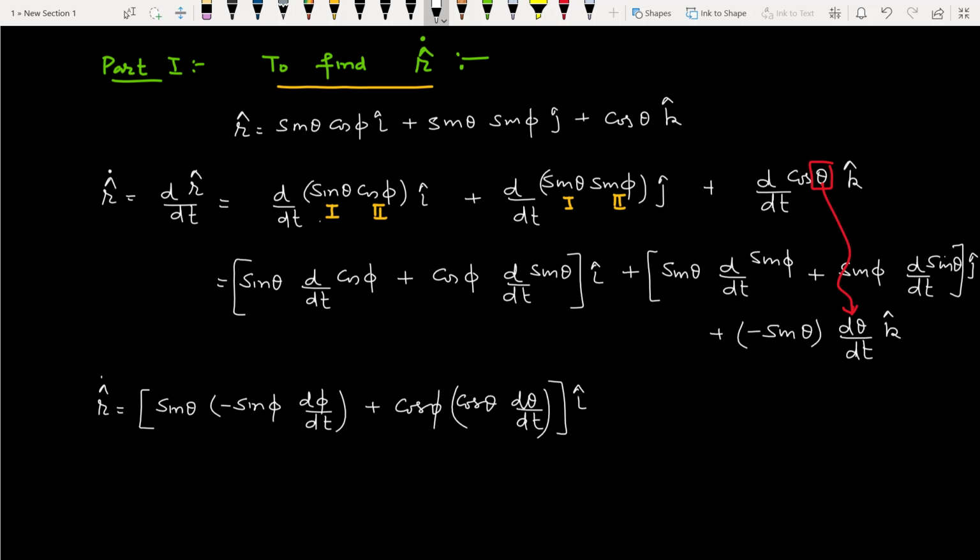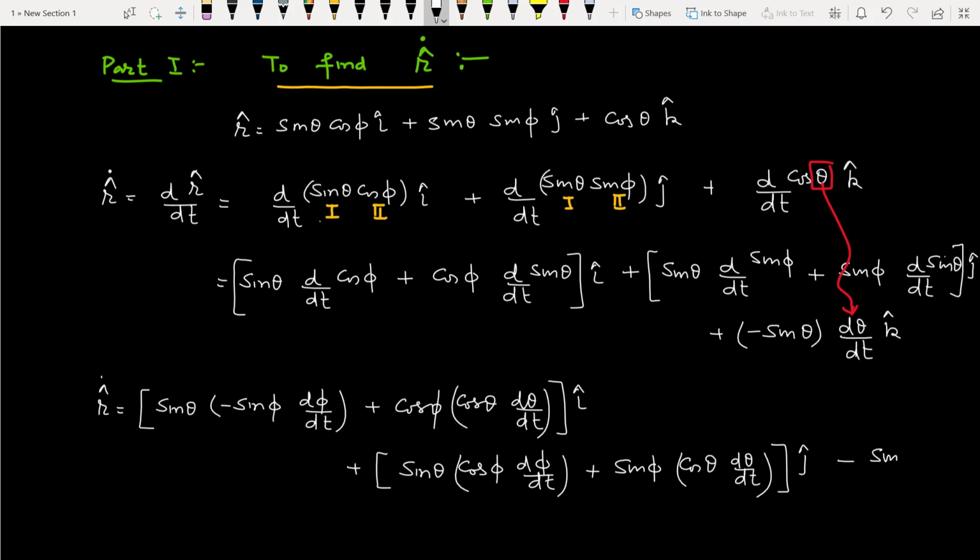This is a simple mathematical step. You might have done this in mathematics many times. Sin phi, derivative of sin phi is cos phi d phi by dt. Derivative of sin theta is cos theta d theta by dt, minus sin theta, and this term we can write as theta dot. So it is theta dot k cap.